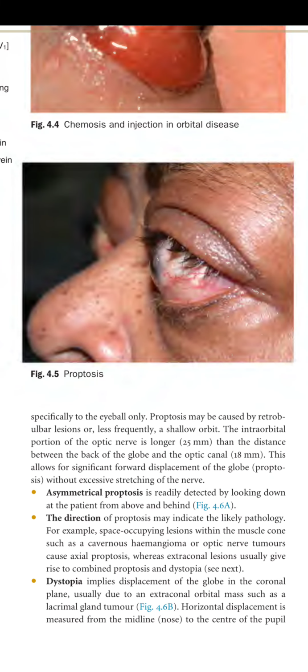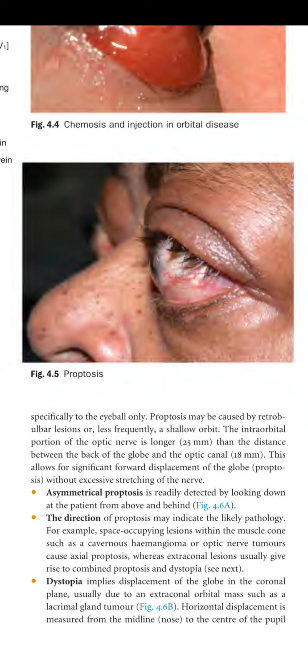Proptosis may be caused by a retrobulbar mass or, less frequently, a shallow orbit. The intraorbital portion of the optic nerve is longer, 25 mm, than the distance between the back of the globe and the optic canal. This allows for significant forward displacement of the globe, proptosis, without excessive stretching of the nerve.